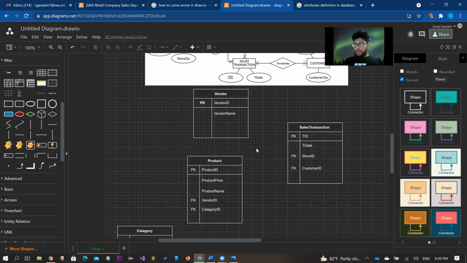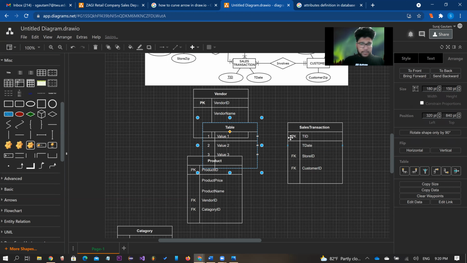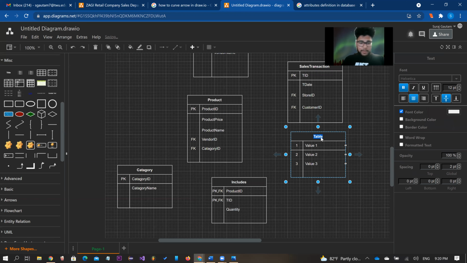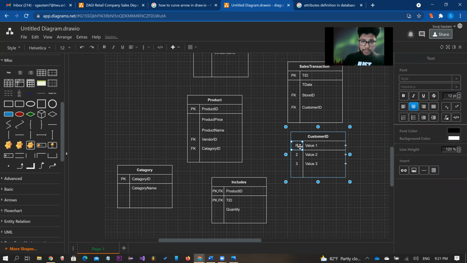And the next one is customer. So the next one we have is customer ID. This primary key is for the customer, because it has its own unique attribute.